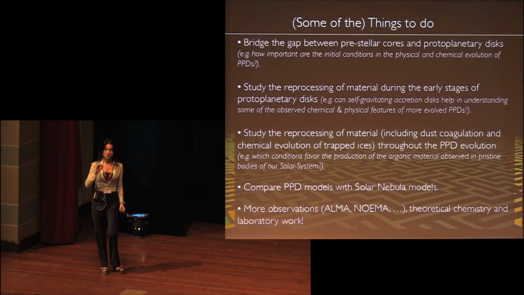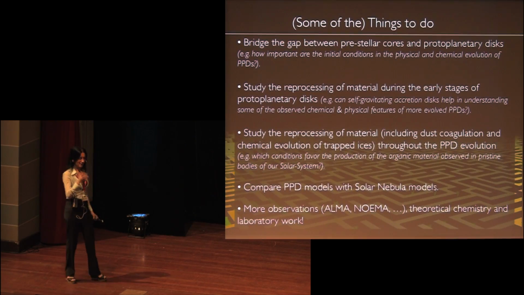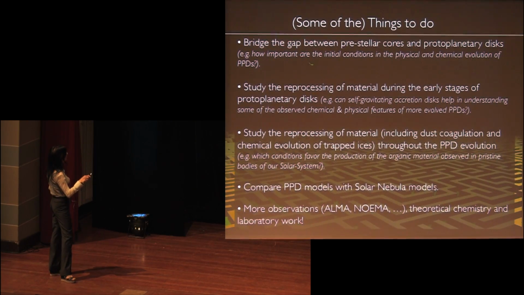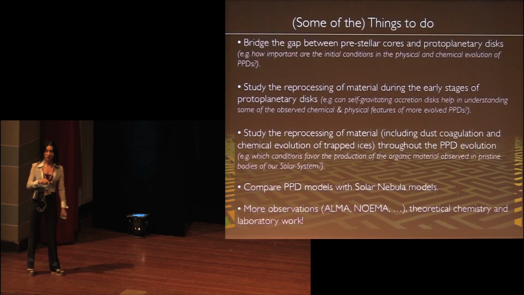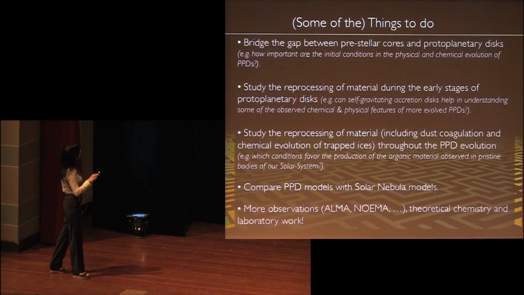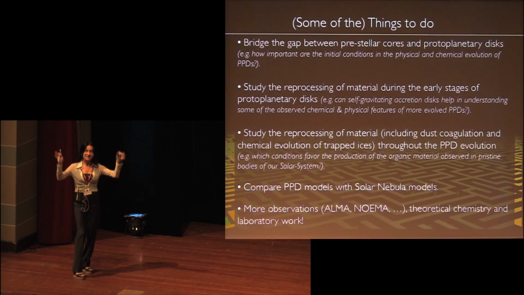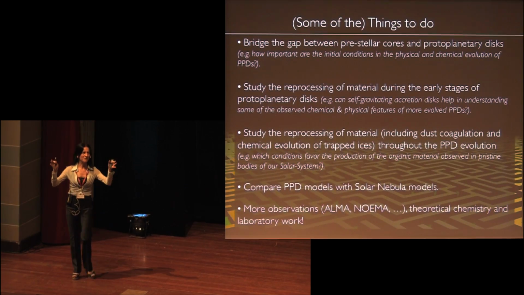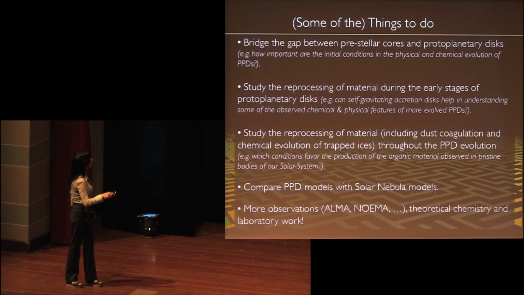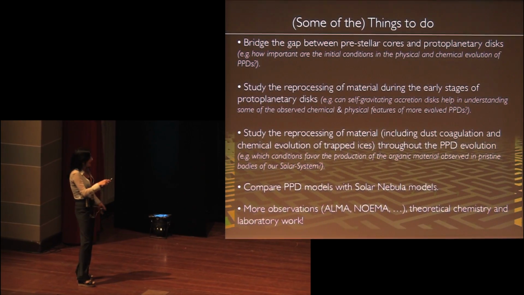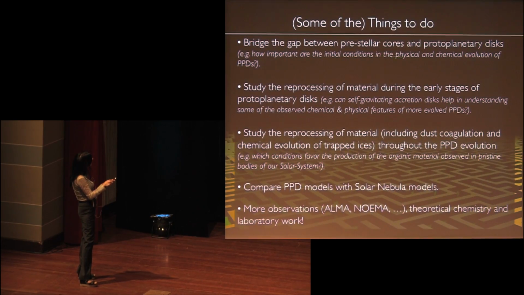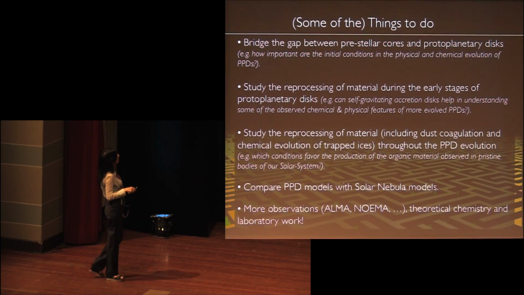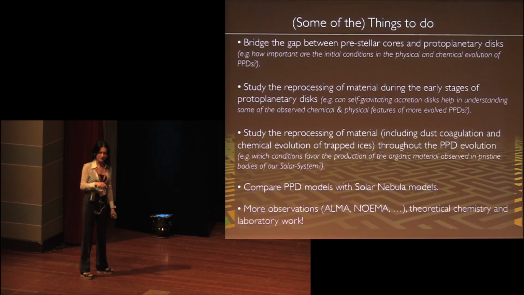So some of the things to do, some of the things that we think are particularly important. This was already mentioned also by Ted Bergin, and I also think it's really important: bridge the gap, at least the first step, between prestellar core and protoplanetary disk, to answer the question: how important are the initial conditions in the physical and chemical evolution of protoplanetary disks?